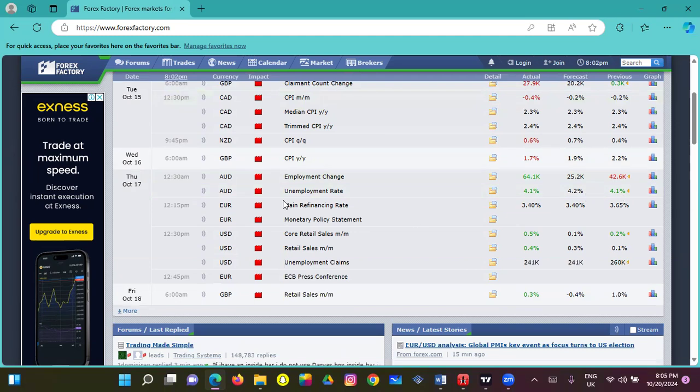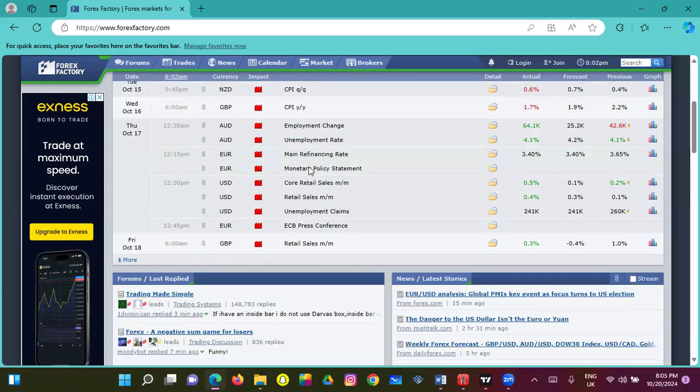The euro also reduced its refinancing rate, or interest rate, from 3.6% to 3.40%, and issued a monetary statement and the like. And the dollar had core retail sales, which was positive here too, and this one too was positive.